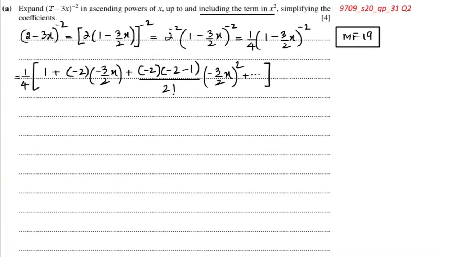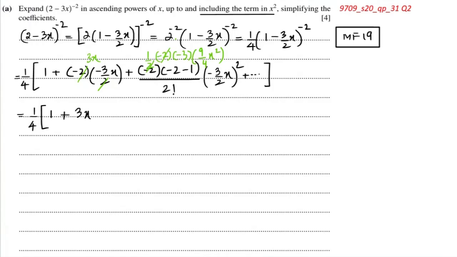Sometimes they might ask you to go all the way up till x cubed, but not this time. This will be 1 over 4 times 1. I can do some simplification over here. So this cancels this. This will be a 3x. Okay, so this is a plus 3x. If I simplify this, this will be minus 2 minus 3 times 9 over 4 x squared and 1 over 2. You can use a calculator and find these values.